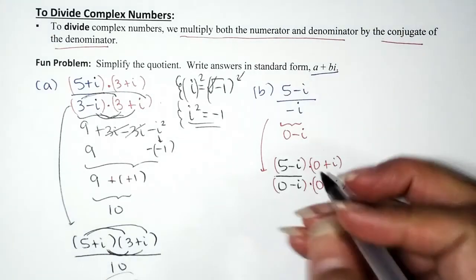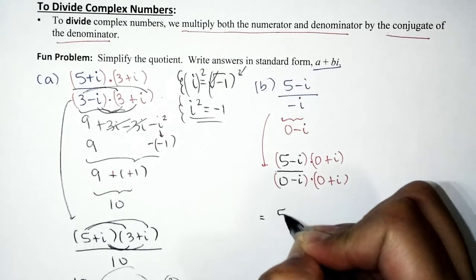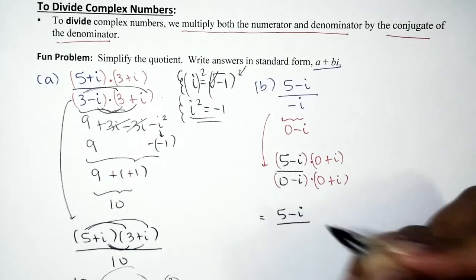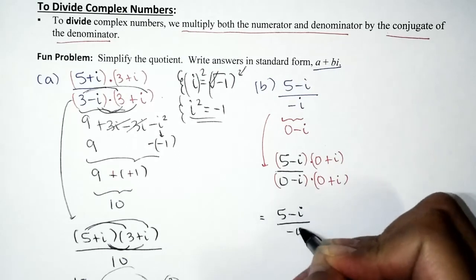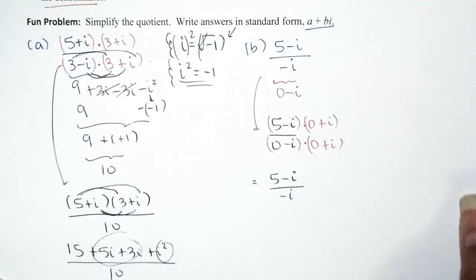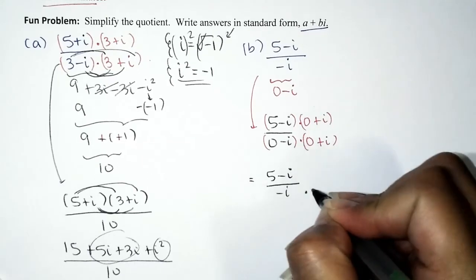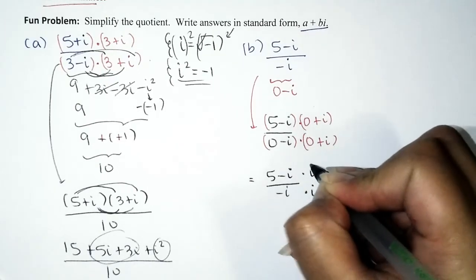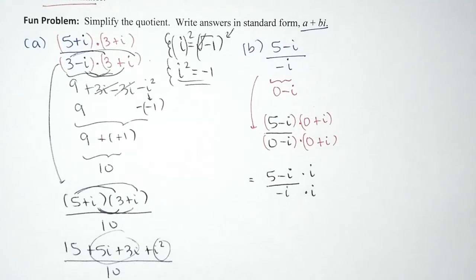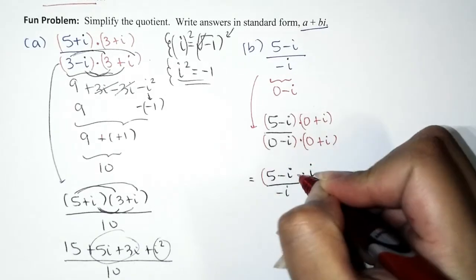Our numerator is 5 minus i, the denominator is just negative i, and the moral of this story is that the conjugate of negative i is, you guessed it, just i. So essentially we're multiplying top and bottom by i, but let's have good notation. In the numerator we have two terms, so it's vital that we wrap it up.